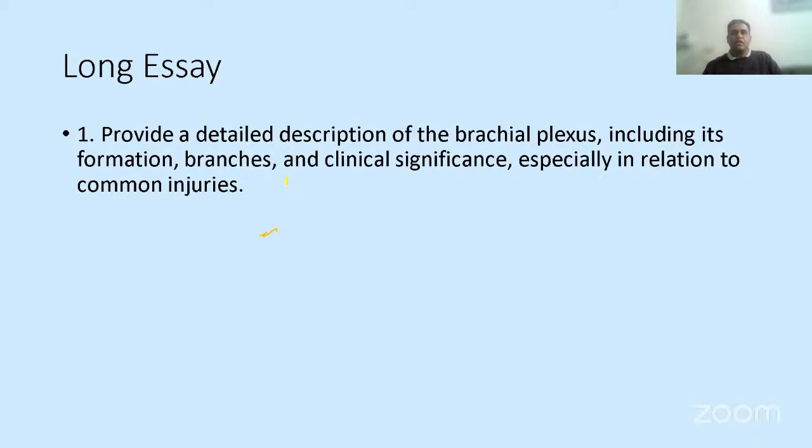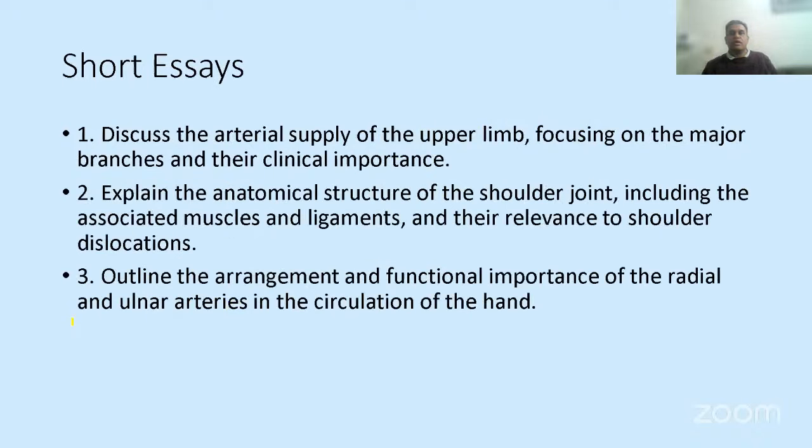So here a long essay question: provide a detailed description of the brachial plexus, including its formation, branches, and clinical significance, especially in relation to the common injuries. Okay. So this is one topic that we are going to cover. Next, discuss the arterial supply of the upper limb, focusing on the major branches and the clinical importance. So arterial supply is the other topic that we are going to cover.